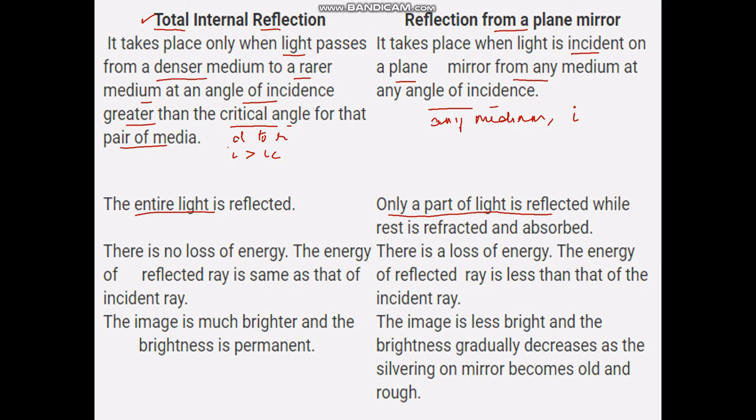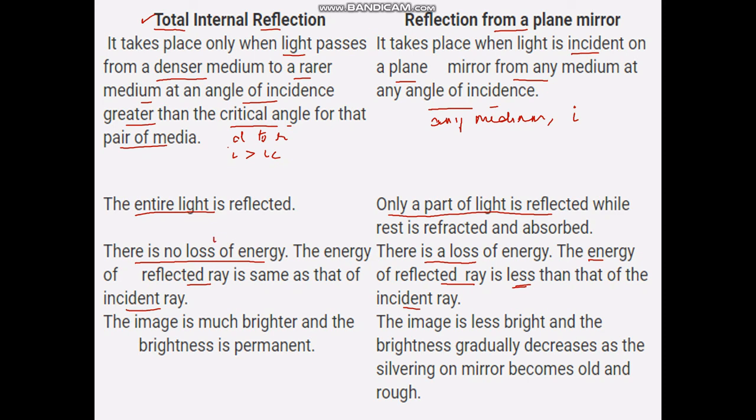Now, since entire light is reflected, there is no loss of energy. The energy of the reflected ray, you can say, is the same as that of the incident ray. Since only a part of light is reflected, that means there is a loss of energy. The energy of the reflected ray is less than that of the incident ray.